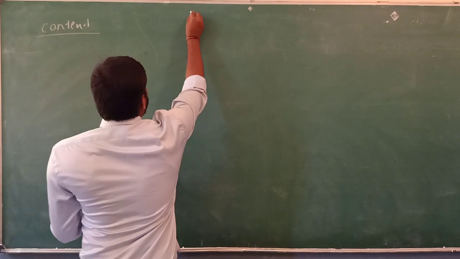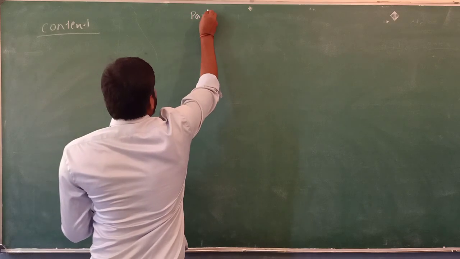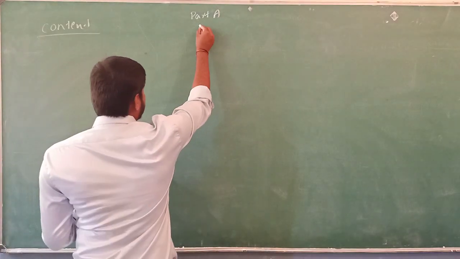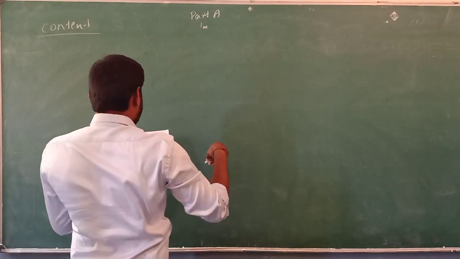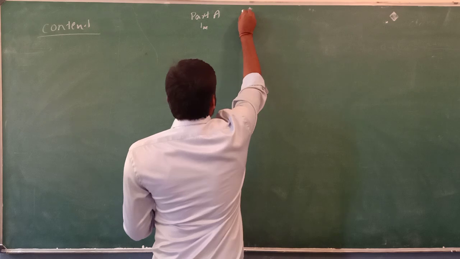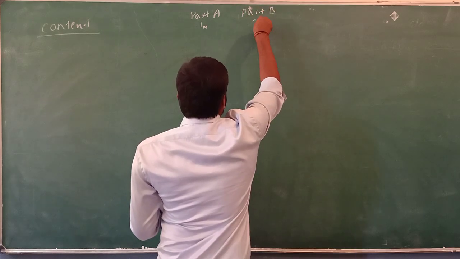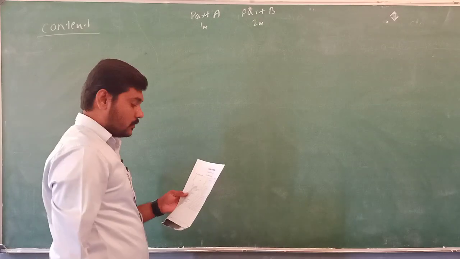Part A in our question paper is allotted for 1 mark questions, and part B is allotted for 2 marks questions.